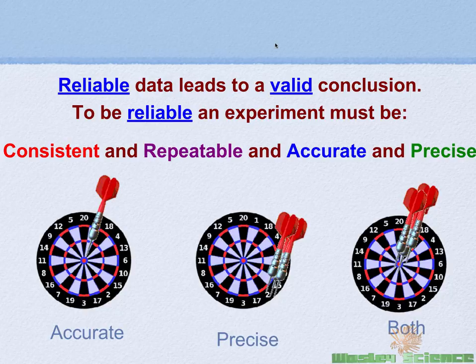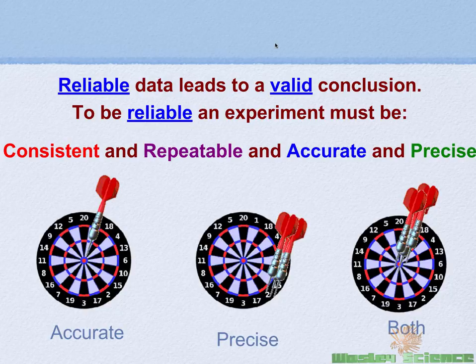Alright, so if the data table didn't help you out this well, reliable data leads to a valid conclusion. To be reliable, an experiment must be consistent, so that's the techniques you use, repeatable, so that's your procedure, and then accurate and precise. So you can see on the first dartboard that they threw one dart and got bullseye. So by getting bullseye with one dart, that's like one trial, you could be considered accurate but not precise.